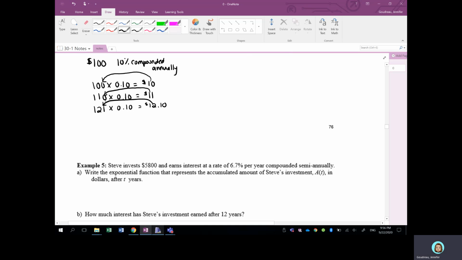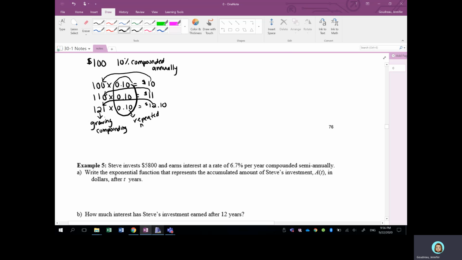So look what's happening. My original investment, or my original amount that I borrowed, is growing. It is compounding. That's what compounding means. When something compounds, it grows. Also, look what's happening here. We have a repeated multiplication.